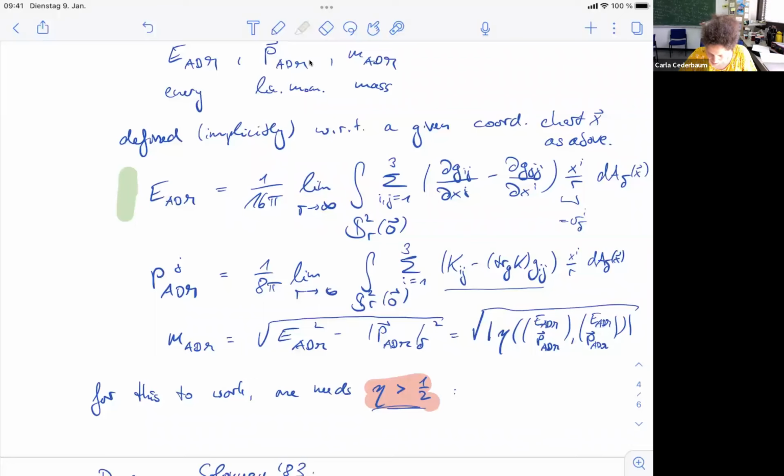Let me pick some color. So this 1/16 pi will be replaced with some number that's related to the volume of the n-2 sphere. If the space is n-dimensional, then it will be related to the n-1 dimensional sphere. Then this here will be the n-1 dimensional sphere in that initial data set. And this will be the volume element, like your usual integration. And this formula won't change at all.